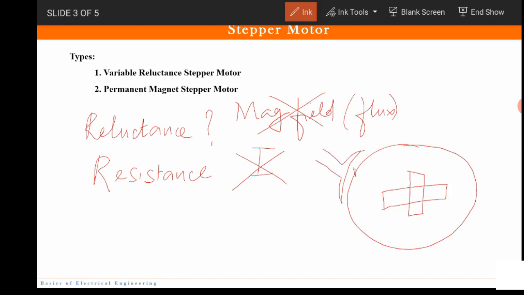So this was behaving as a north pole. So in between you have air, right? So here you have air gap. So basically this air gap resists or opposes the magnetic flux. It means here you have reluctance because air gap opposes the magnetic flux.